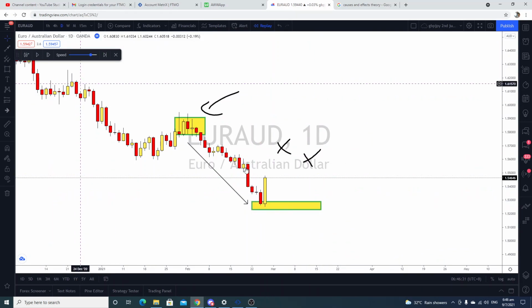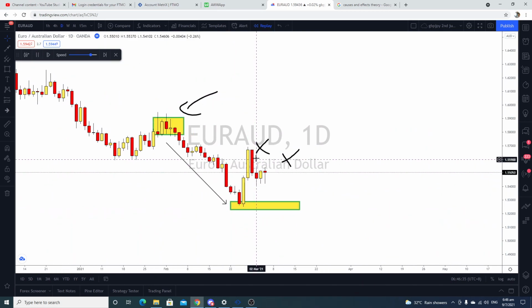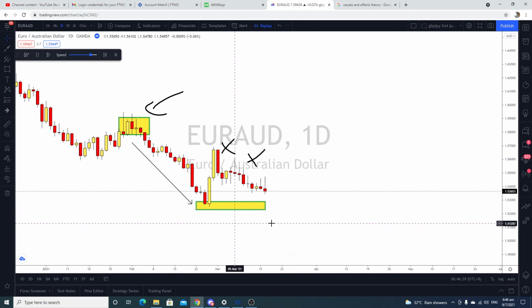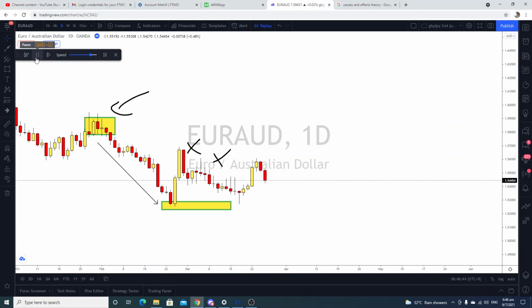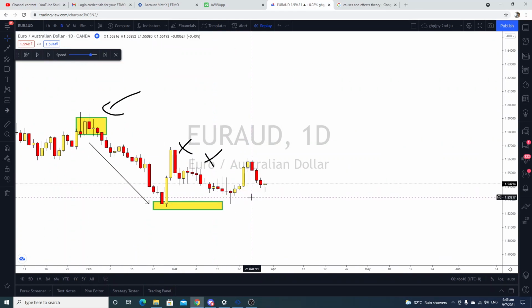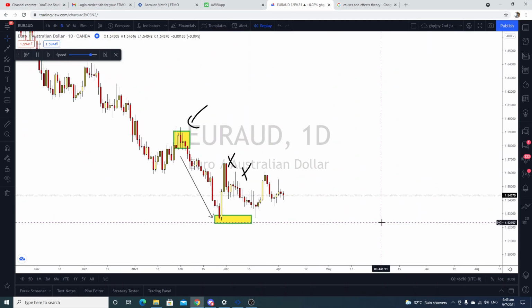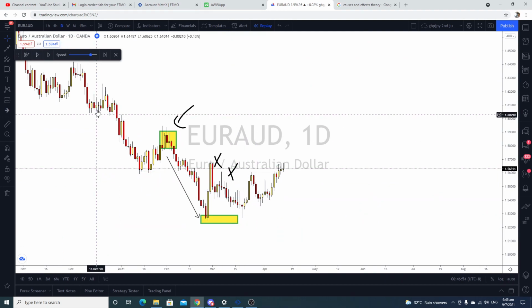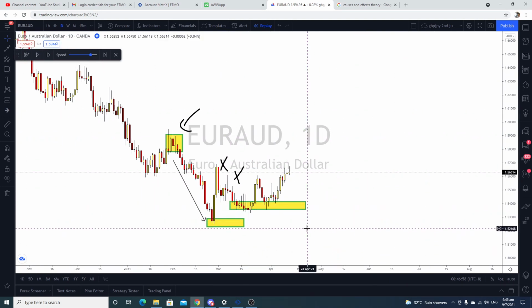It may go up because after a drop, it goes up, and then this is the cause. Price making a base. The cause is always the base.